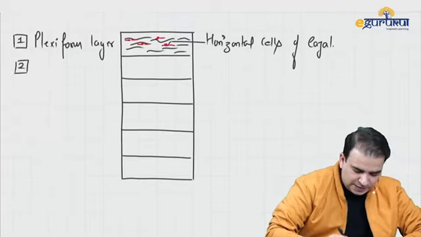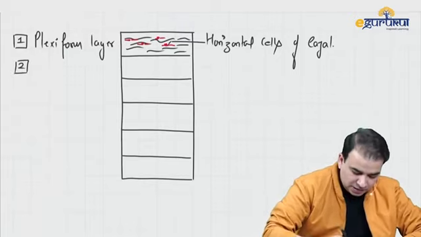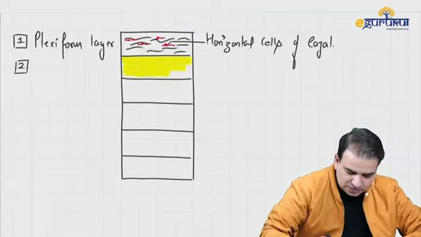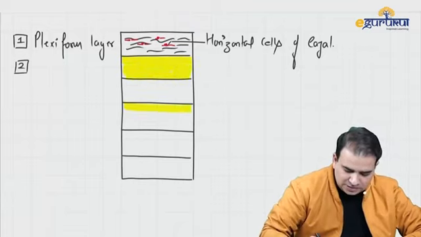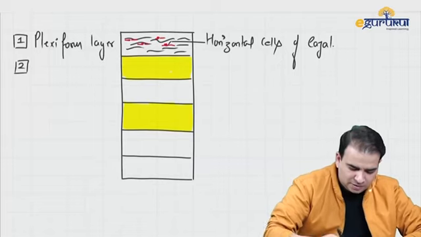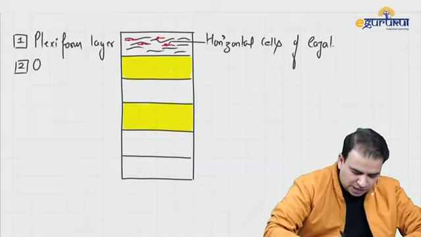The second layer, which is deep to the plexiform layer, see this one and this one, the one I'm highlighting here. This is the second layer, and then we have the fourth layer. These are the 2 layers of the granule cells, so we call them granular layers. That's how they are named. We call them outer granular and inner granular. So this one obviously is the outer granular layer.